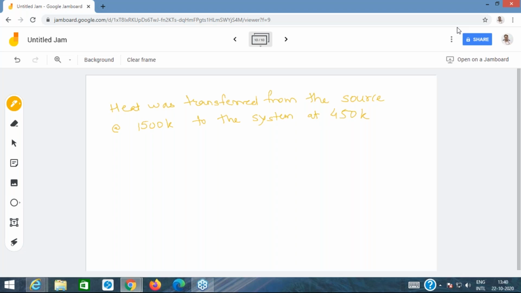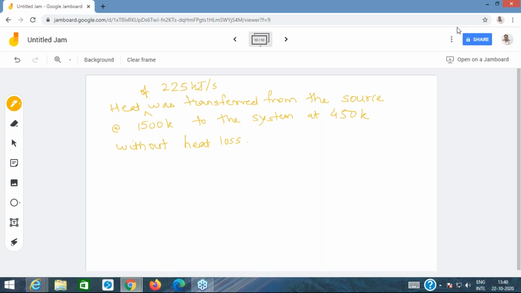Okay, and the quantity of heat was, let us say, 225 kilojoules per second, transferred from the source without any heat loss. So heat loss is zero.